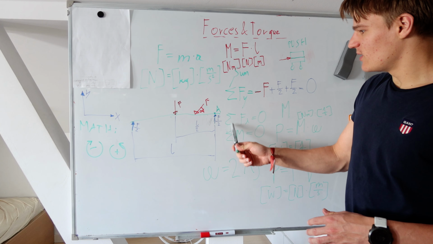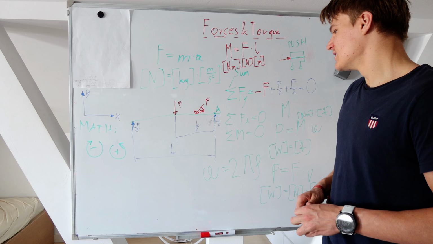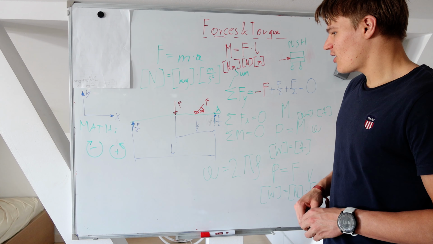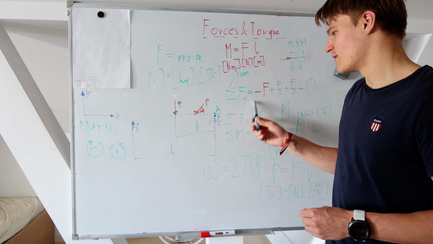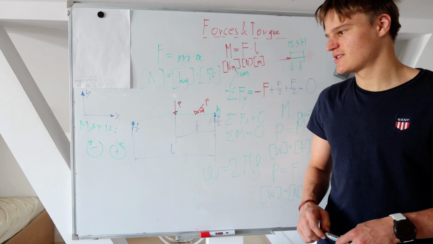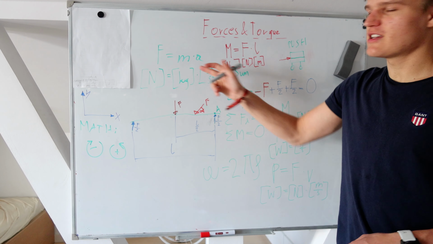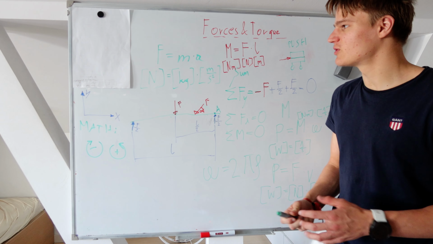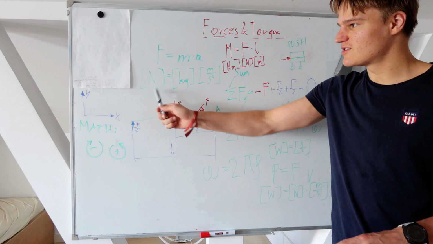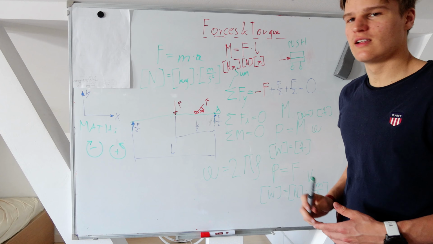And we have the three axioms, or actually it's one axiom of mechanics here, which is sum of all y forces, sum of all x forces, and sum of all moments must be 0, otherwise something is moving. And we have F is m times a, one of Newton's axioms. Newton is the unit after him, and we have M is F times L.